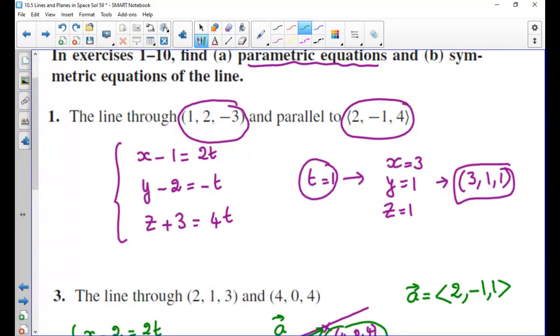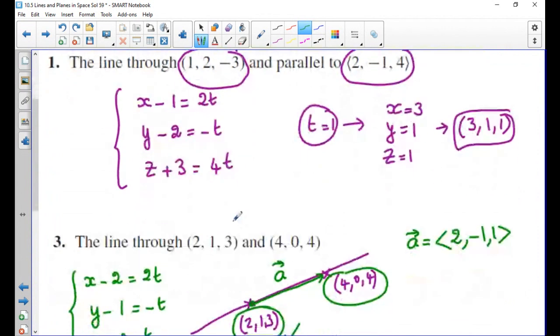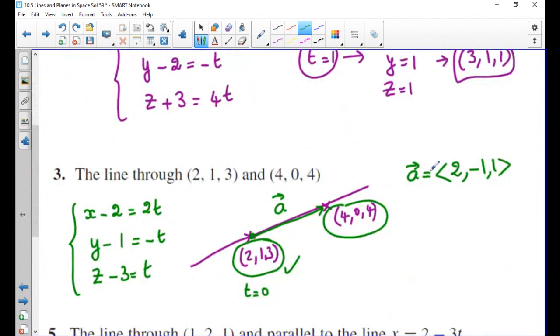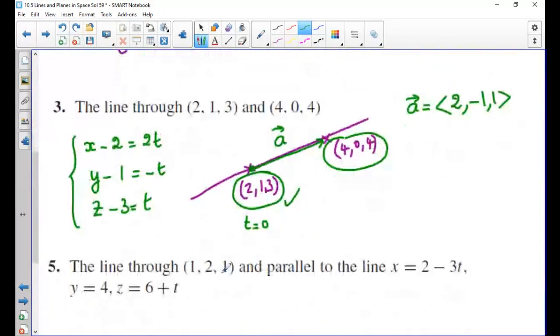Now choose t equals 0 here. What will you get? Yeah, exactly this one. Can you see that? And this vector, 2, minus 1, 4, you can see it here in the coefficients of t. Here, the vector, 2, minus 1, 1. And the point itself, 2, 1, 3 is here.